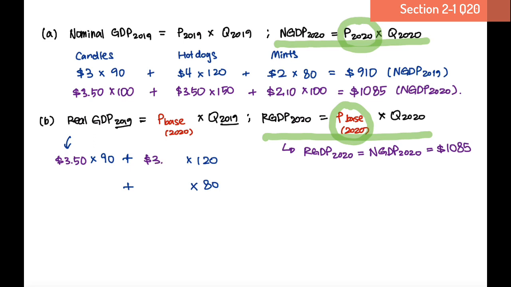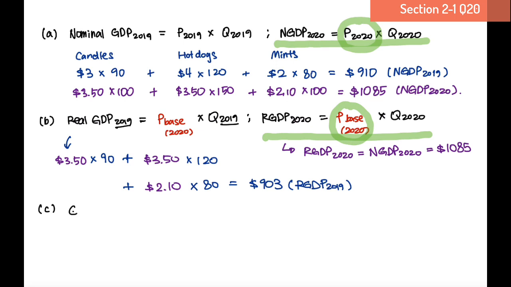So for hot dogs, that's $3.50. For mints, that's $2.10. Do the math, and that gives us $903 for the real GDP of 2019.